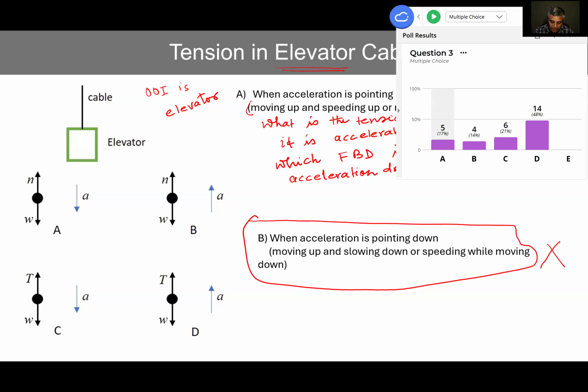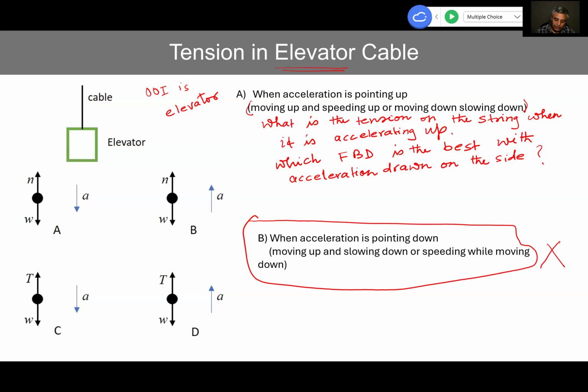Okay, let's see what we got. We got all of them, but D got a bit more. Here the object of interest is the elevator, and the elevator is moving, so it's not supported by any floor. The elevator is basically just a box hanging in the air, supported by a rope. So it's not supported by any surface when it's moving.